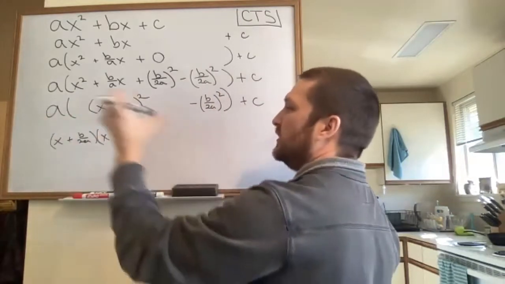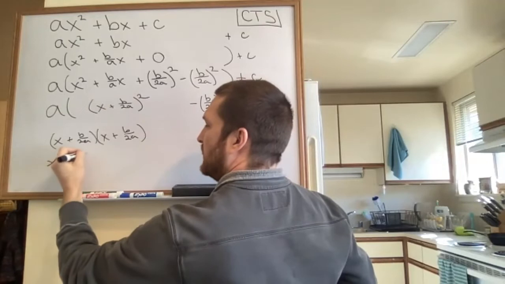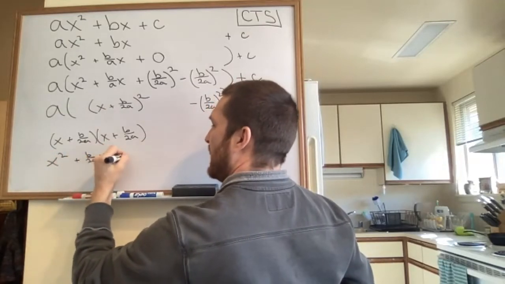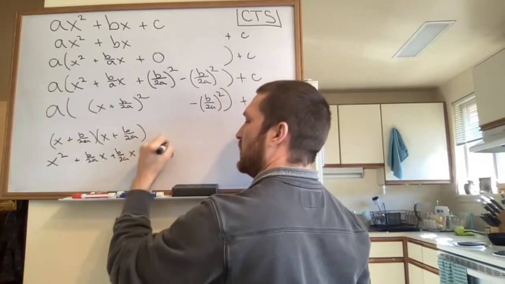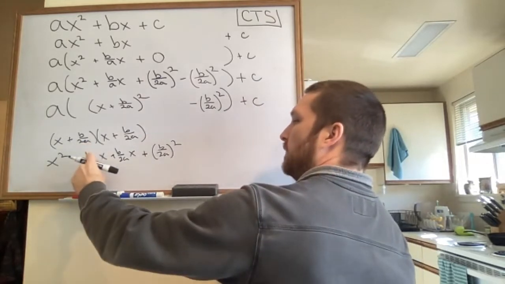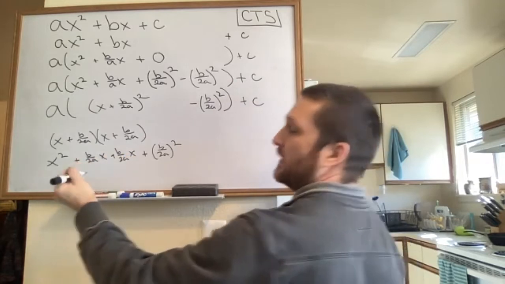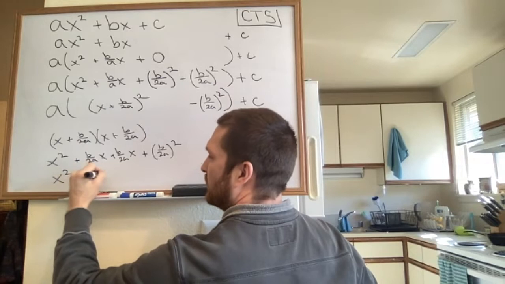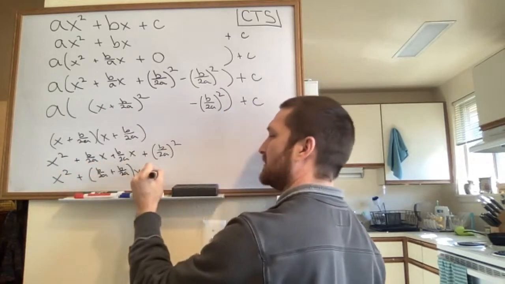First, outer, inner, last gives me x squared. Inner gives me plus b over 2a x, plus b over 2a x, plus b over 2a quantity squared. B over 2a plus b over 2a is just b over a. And we could see that a couple different ways, factoring out the x.